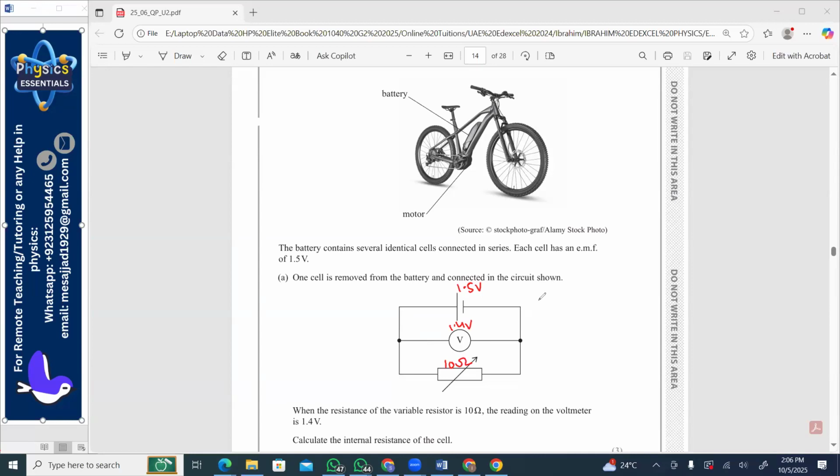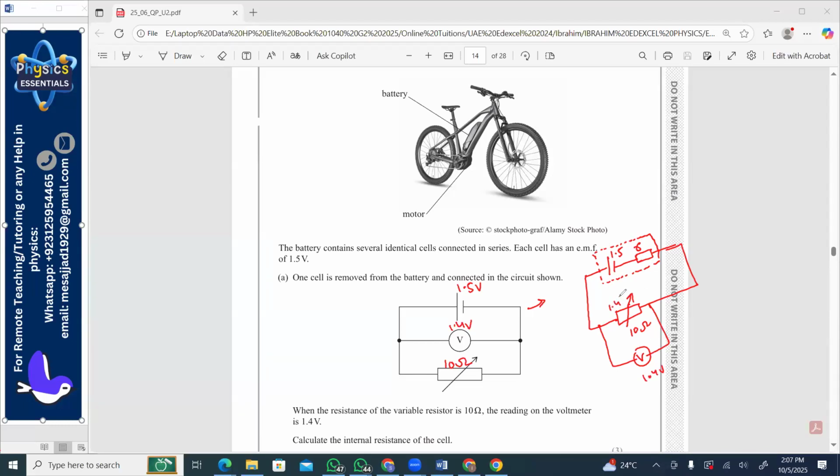Well, I can make this circuit like this. So this is my internal resistance. This is my 1.5 volts and this is 10 ohms, and the voltmeter is showing 1.4 volts.